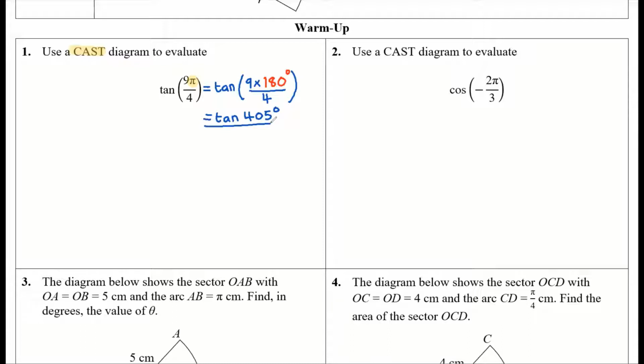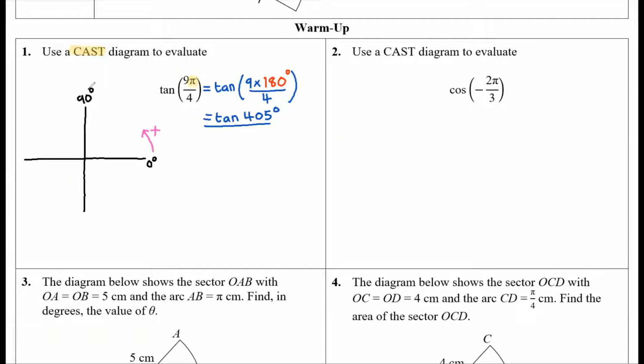On our cast diagram, we're just going to draw it over here. Let's see what we get. So just to label it carefully, remember that we start at 0 degrees and we go in the anti-clockwise direction for positive angles. Okay, and we'll just put on all the other important reference points here.